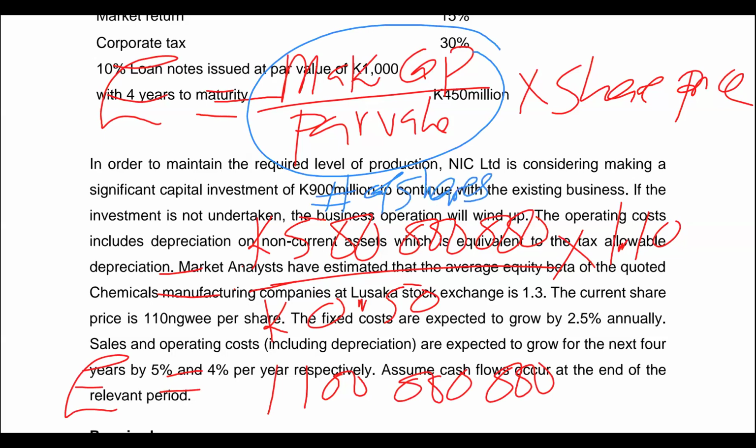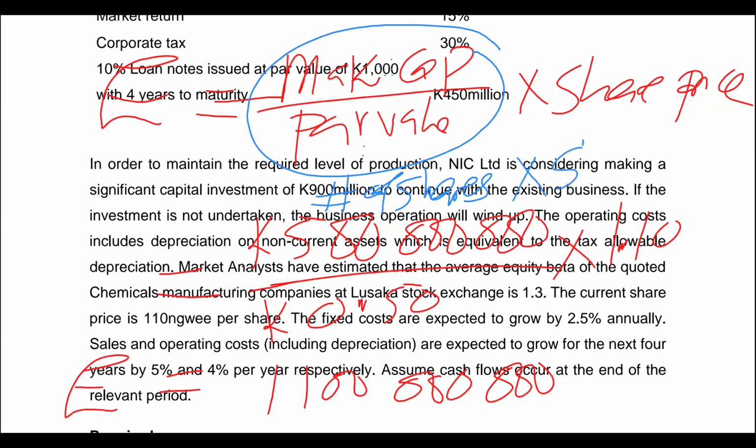In case in your question they have given you the number of shares, like in the exam you were writing, like there were 1 billion shares, you never needed to divide by the par value. Listen carefully. If you have the number of shares given, there'll be no need of dividing market capitalization by par value, because if you divide market capitalization by par value, it gives you the number of shares.